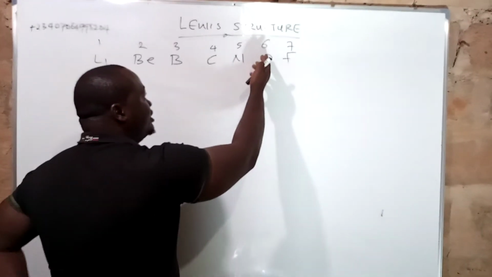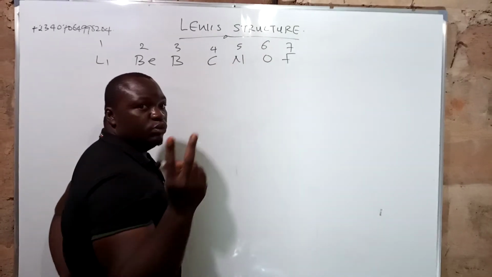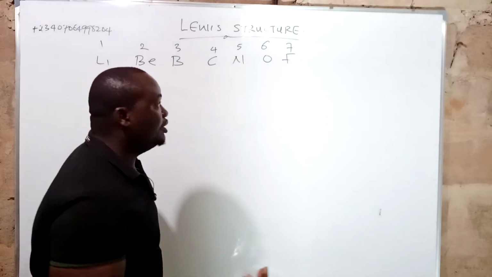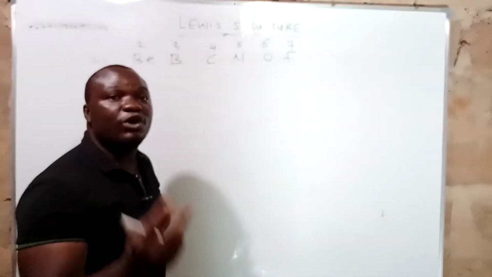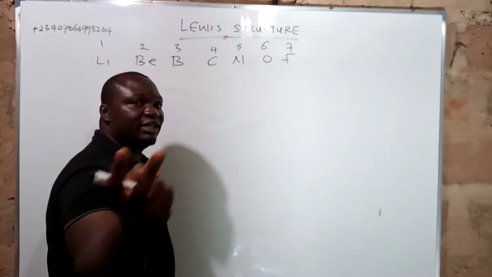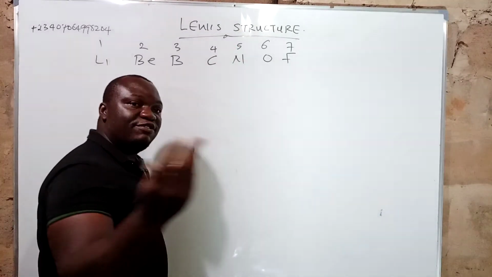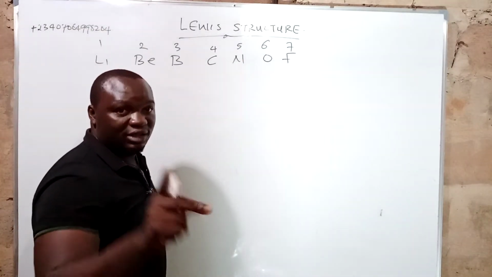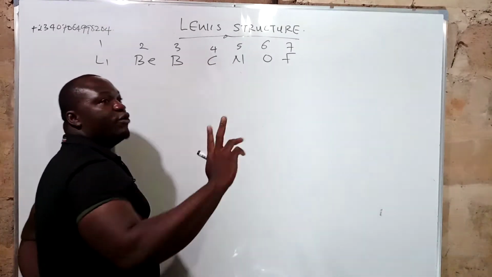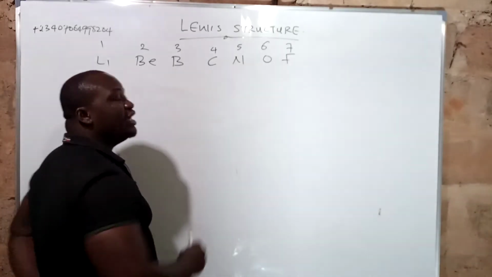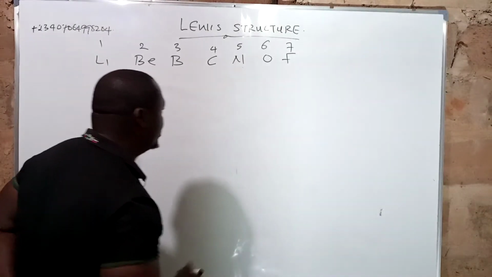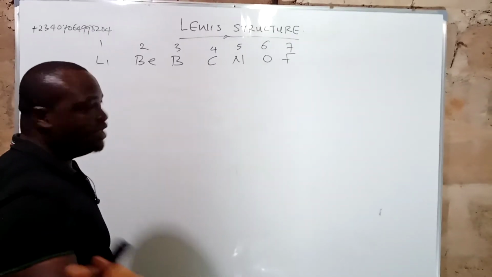And oxygen needs 2 more electrons to attain the noble gas electronic configuration, and therefore oxygen forms what? 2 bonds. Nitrogen needs 3 for it to be 8, and therefore nitrogen forms what? 3 bonds. You are getting what I'm saying? If carbon has 4 and needs 4 more to become 8, it means that carbon forms how many bonds? Of course, you know, 4 bonds. So that's the trick. Can you see?